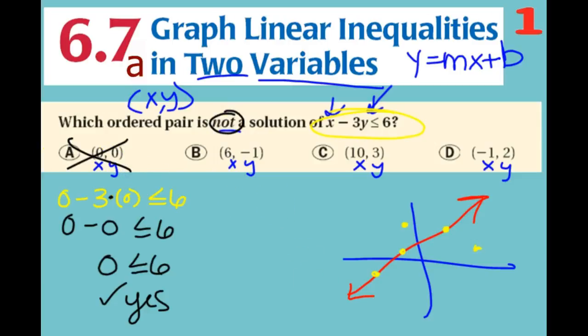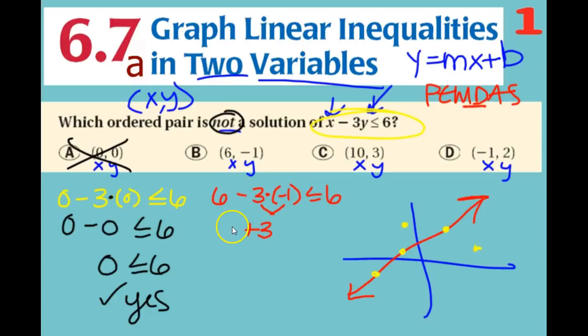So then let's try the next point. x is 6, minus 3 times y, and y is negative 1, is less than or equal to 6. Well, order of operations, PEMDAS, says we have to do parentheses, exponents, and then multiplication and division first. So negative 3 times negative 1 makes a positive 3.